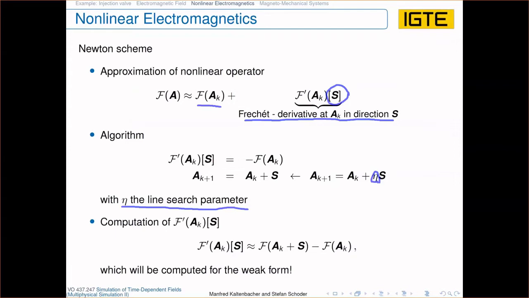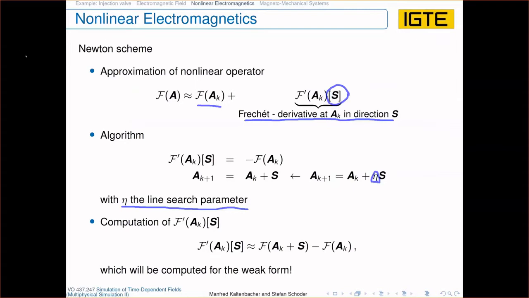Now for us, since we are interested in getting the Newton method within our finite element formulation, we will do this approximation of the Frechet derivative with a nonlinear operator, which is already the nonlinear operator of the weak form of our partial differential equation.